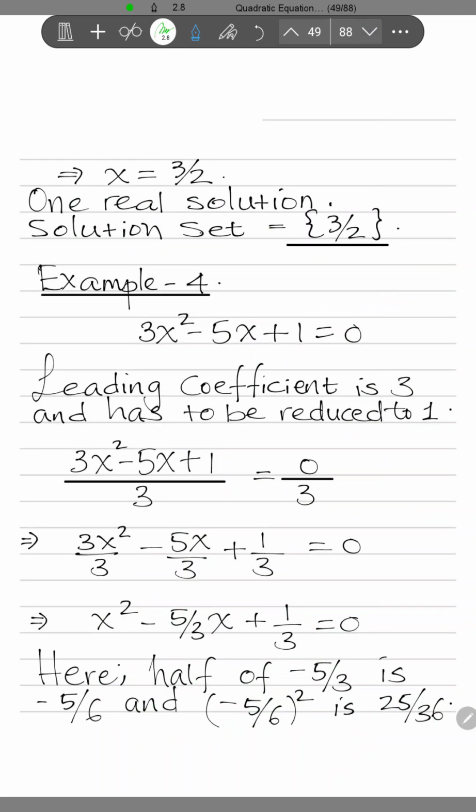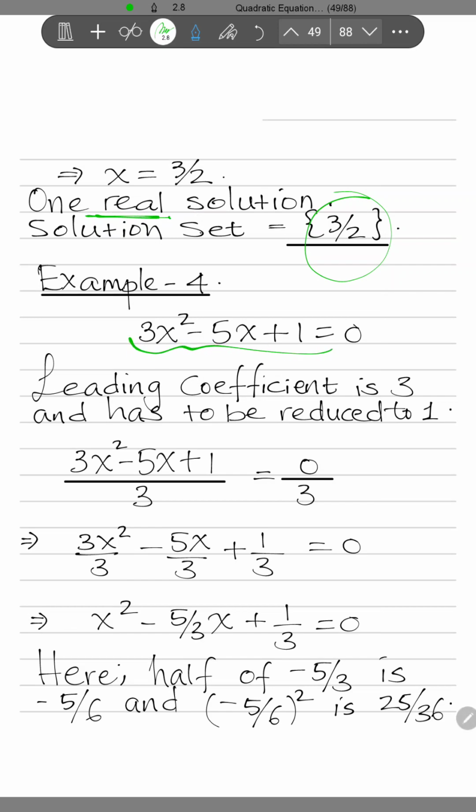So this equation has only one solution set, which is 3 over 2. And it is a real solution set. It's not a complex solution set. We will have examples of a complex solution set later on, and we will see that one.